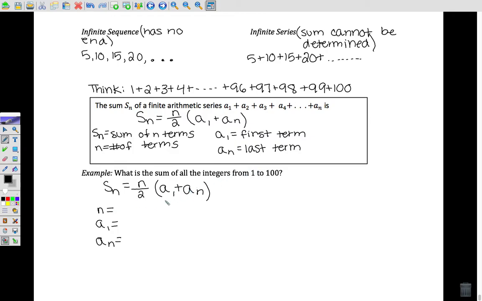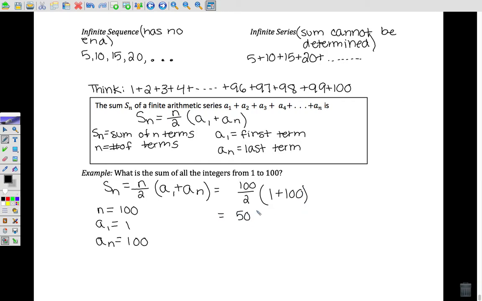I'm adding up 100 different numbers, so there's going to be 100 different terms. The first term is 1. The last term is 100. So plugging all of that into the formula, I would have 100 over 2 times the first term plus the last term.